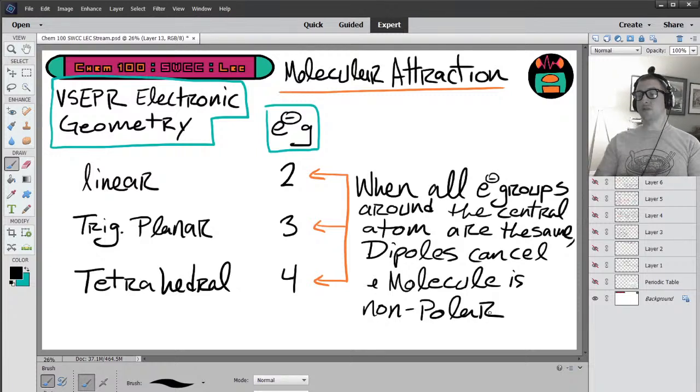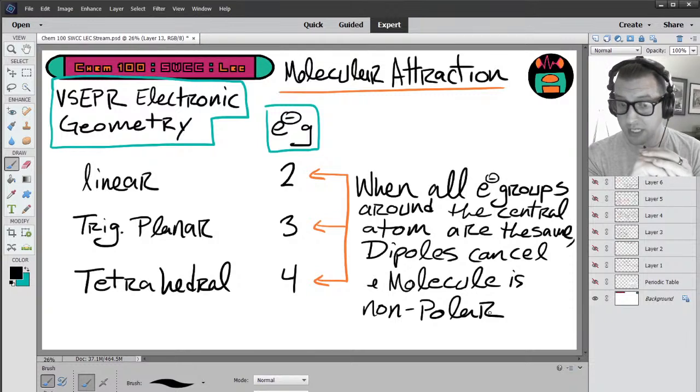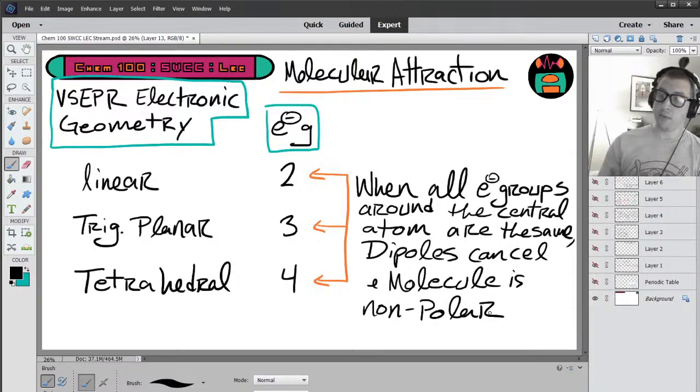All right, that's the thing to remember. When all the groups around your central atom are the same, your dipoles cancel, and you're non-polar.